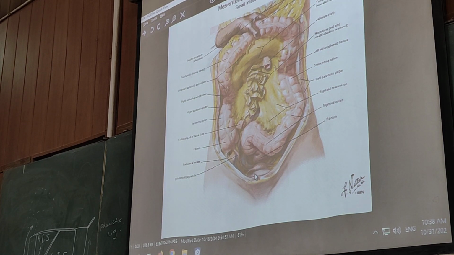And on the other side, which one limits this groove? Look here, this is the right paracolic groove, yes? On the left side, as she said, the cecum and ascending colon. On the right, descending colon. Are you sure?